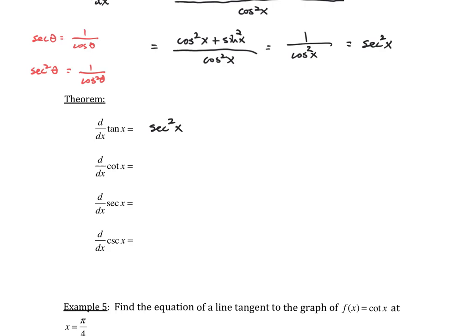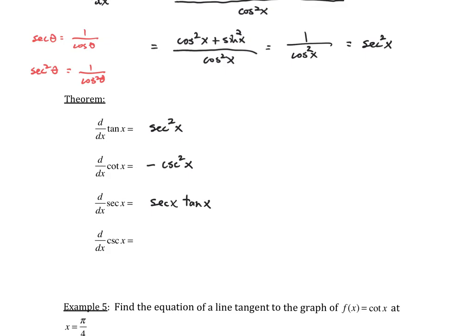Now I want to tell you the derivatives of the remaining 3 trig functions. The derivative of cotangent x is negative cosecant squared x. The derivative of secant x is secant x times tangent x.